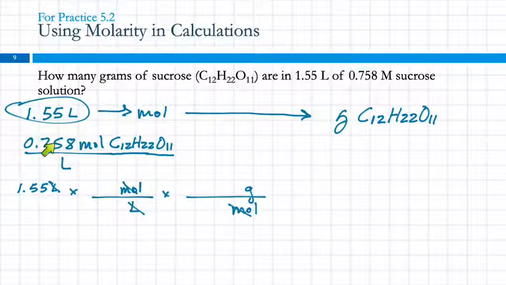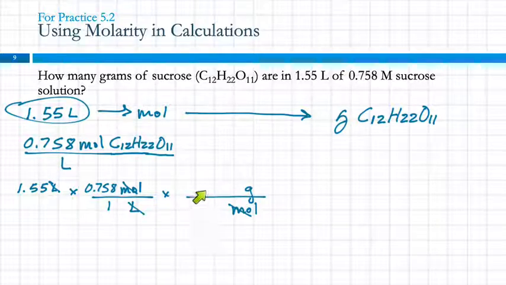So this concentration I was given, this molarity, relates moles of the sugar to liters of solution. So here where I have moles and liters, that's where I'm going to use this number. It's this many moles, and so that number has to stay with moles, 0.758 moles per liter of solution. And I could say per 1 liter if I would like, if I want a number down there. I don't have 1 liter, I have 1.55 liters.